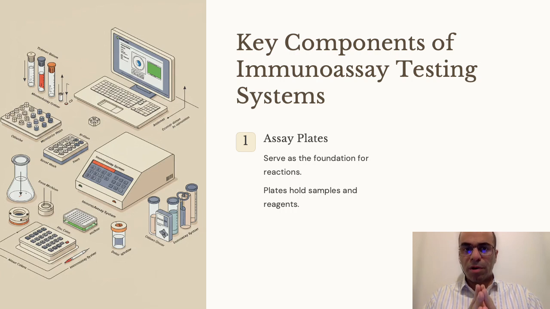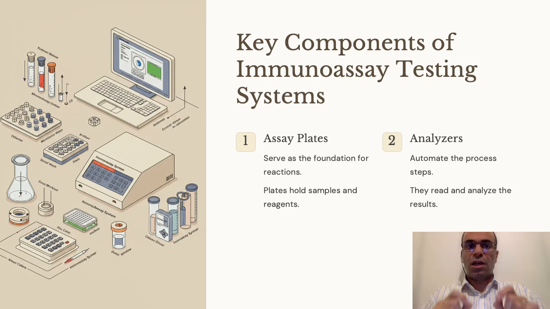Number one is assay plates: polystyrene or polypropylene microplates with 96 or 384 wells, surface treated to optimize protein binding and signal to noise ratios. Number two are analyzers. They incorporate optical detection systems, absorbance, fluorescence, or chemiluminescence, and feature automated liquid handling, incubation control, and data processing capabilities.